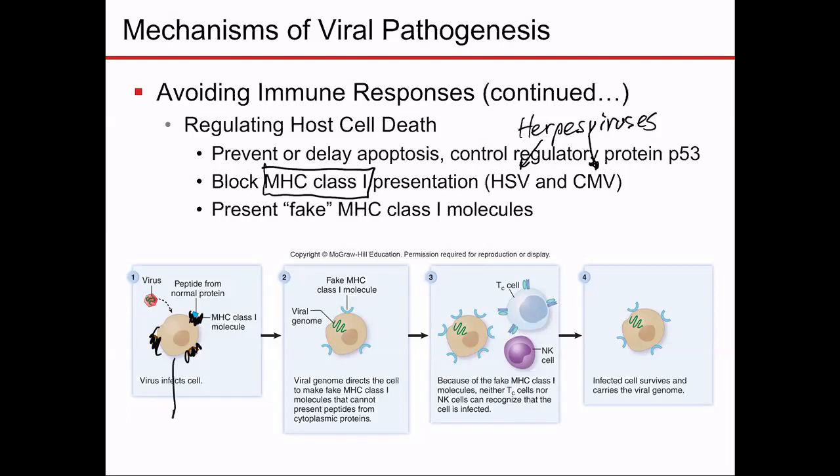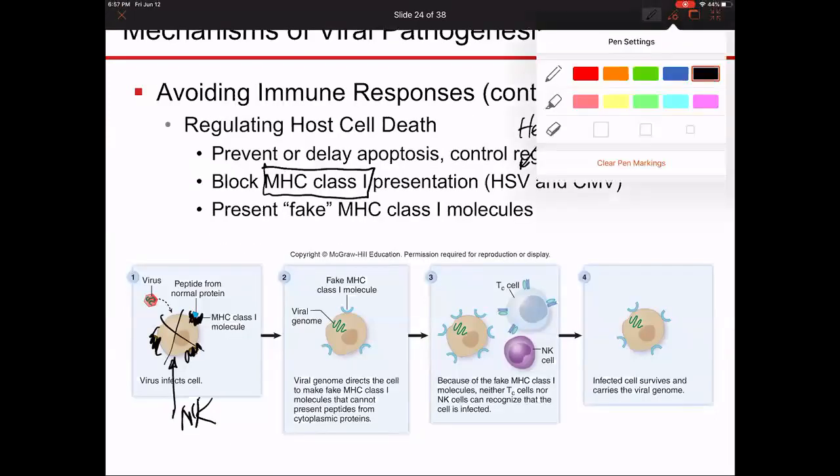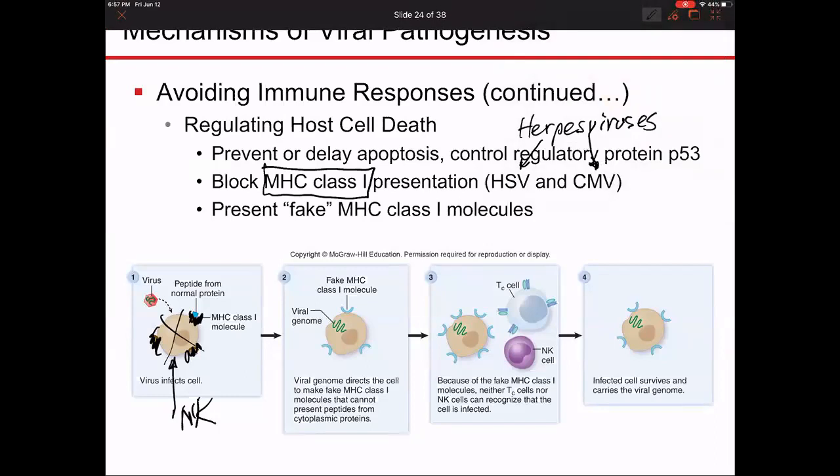However, a cell that lacks MHC class 1 on the surface is an abnormal cell that could be killed by natural killer cells. But that is not that easy with these viruses, because these viruses bring a gene that expresses a molecule that looks like MHC class 1.